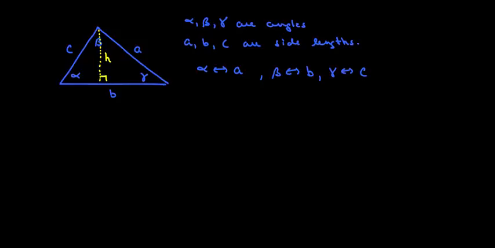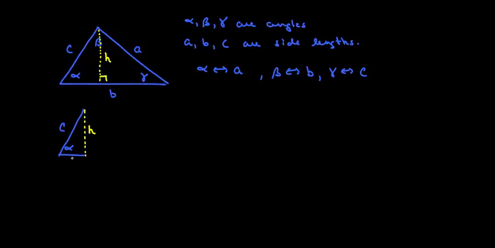Now I've got two different triangles going on here. So the first triangle on the left side looks something like this, where this side length is H, this is C, and this is alpha.